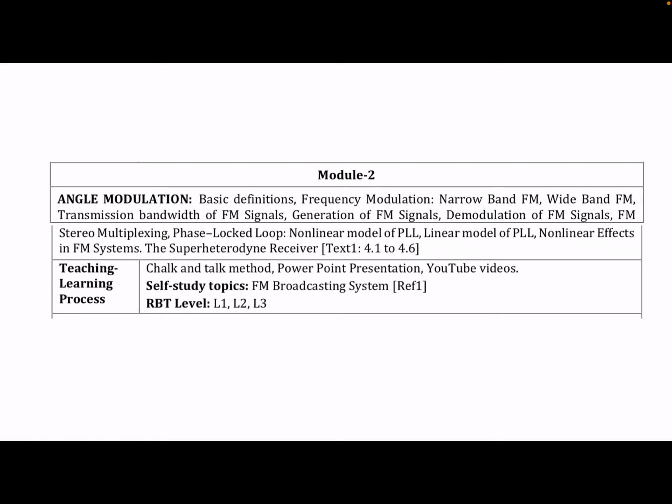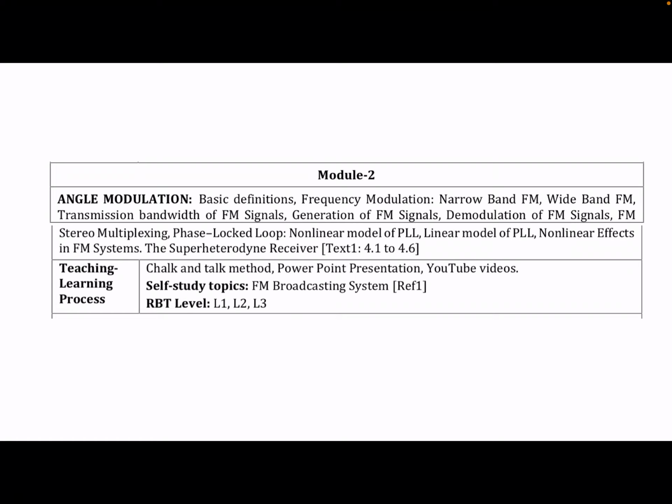In the PLL, we saw how to express it in its nonlinear form and its linear form, and the effects of nonlinearity in an FM system. Lastly, we understood what is meant by the superheterodyne receiver in the case of the AM receiver and also the FM receiver. So these are the topics explained in module 2.